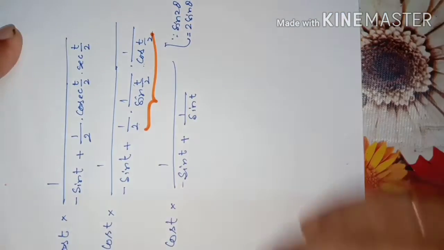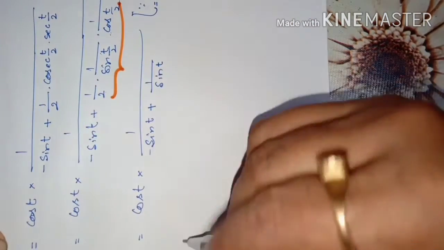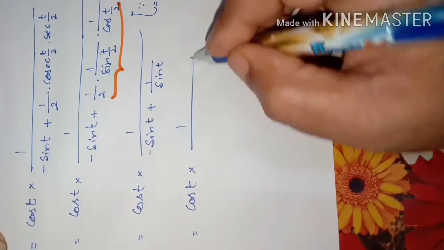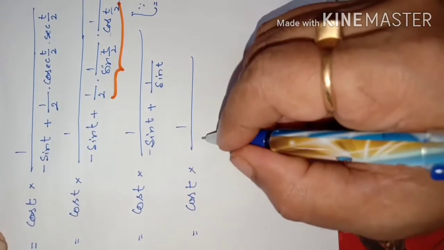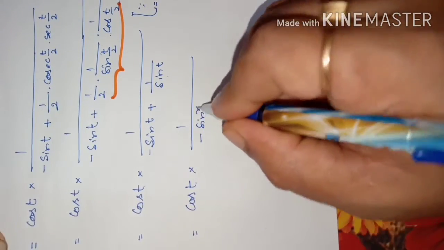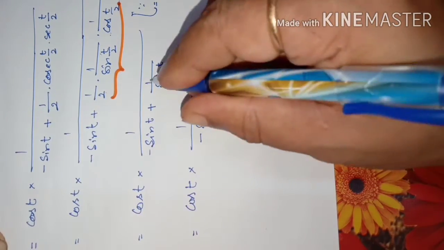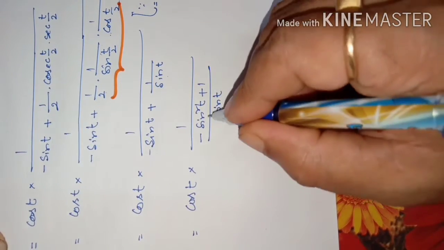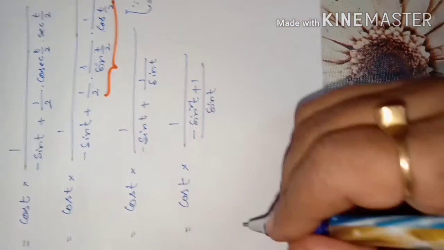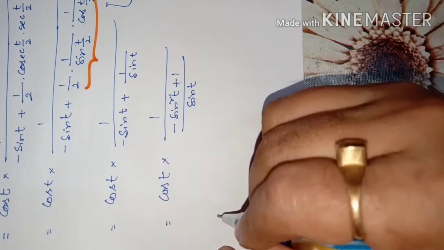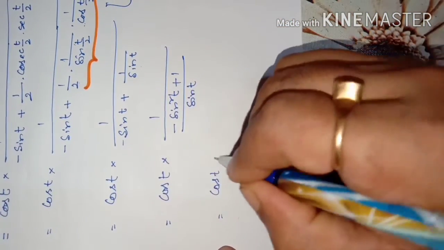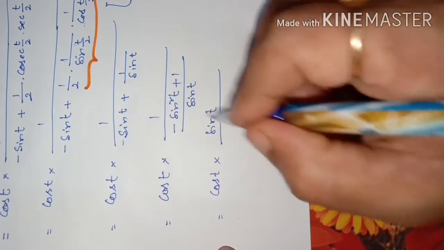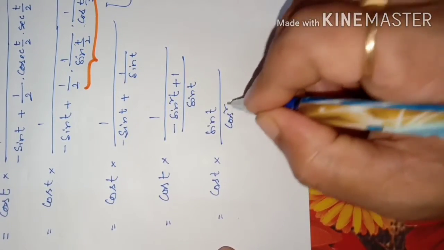Now simplify the denominator portion. What shall we get here now? Cos t here into 1 divided by sin t into sin t minus sin square t plus this 1 divided by sin t. 1 minus sin square t is cos square t, and this sin t will go up, so it will be cos t into sin t divided by 1 minus sin square t is cos square t.